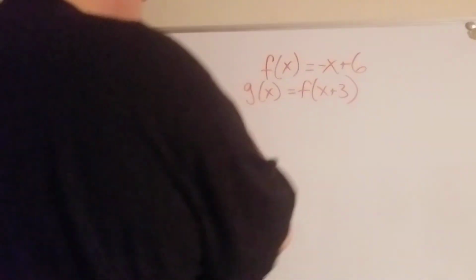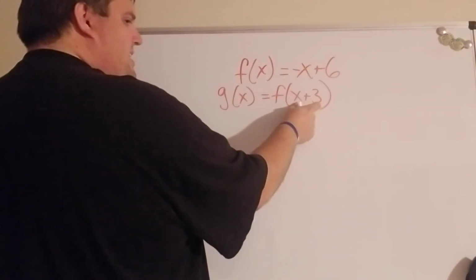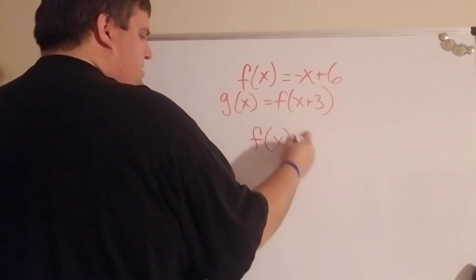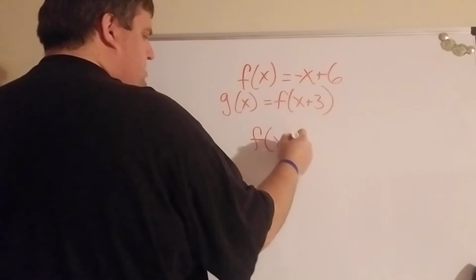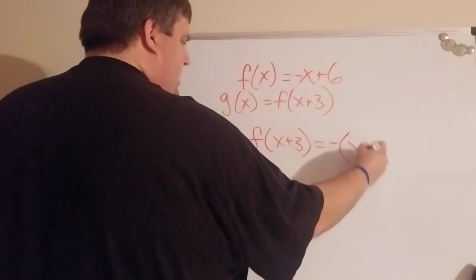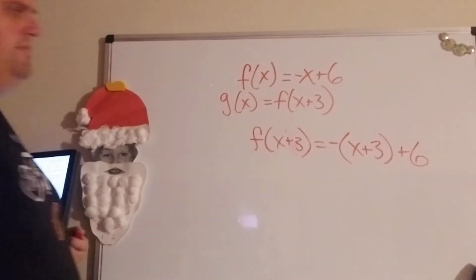All right, well, if I want f of x plus 3, I know anything I see in here, I just plug in for x. So over here for f of x plus 3, I'm going to plug in negative, and then I'm going to plug in x plus 3, like that.